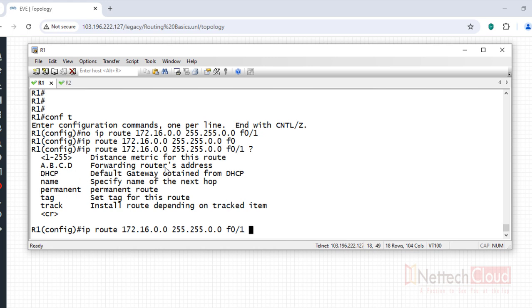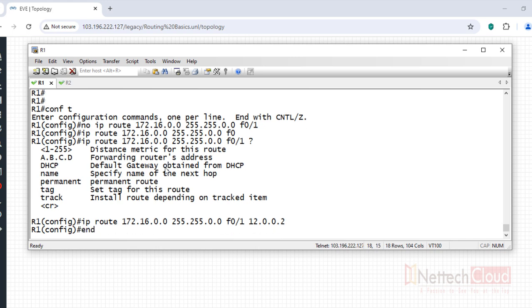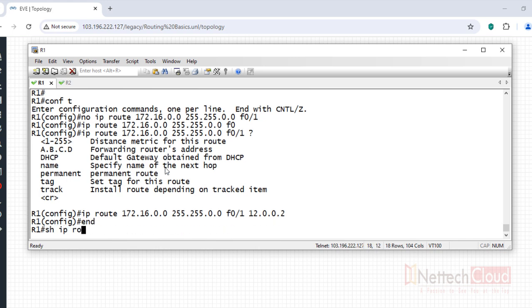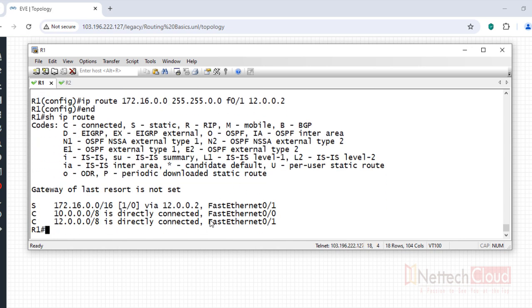So here we find the next hop IP address also. So now if you look at the routing table, perfect, right? Destination is reachable via this next hop IP and the next hop IP is reachable via this interface. Recursion is not required, no more recursion, right? We can see both.